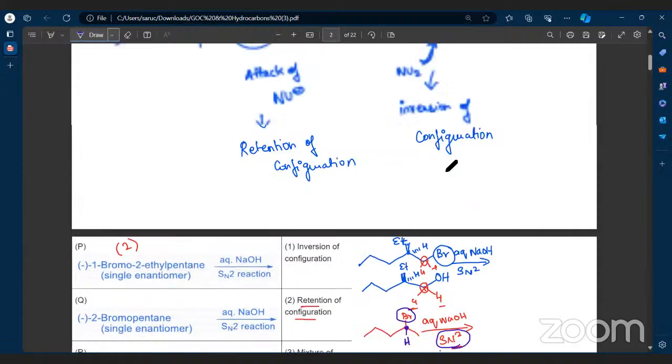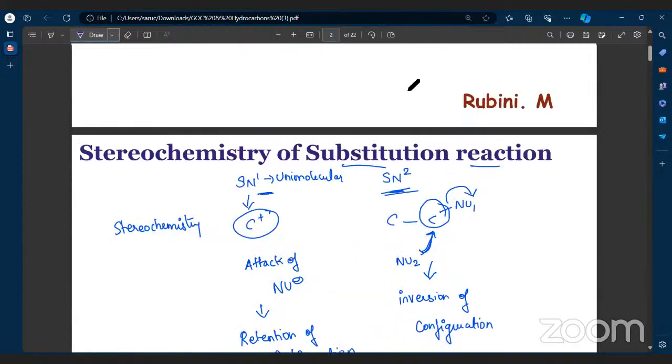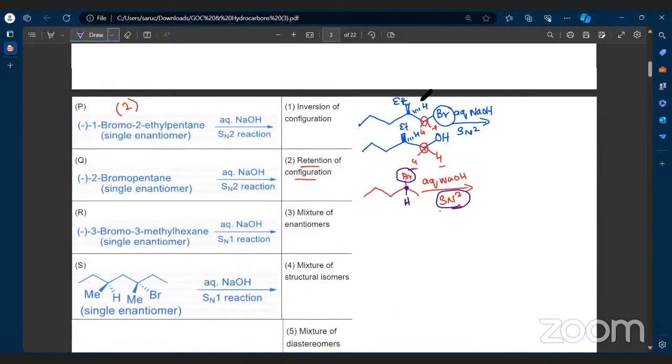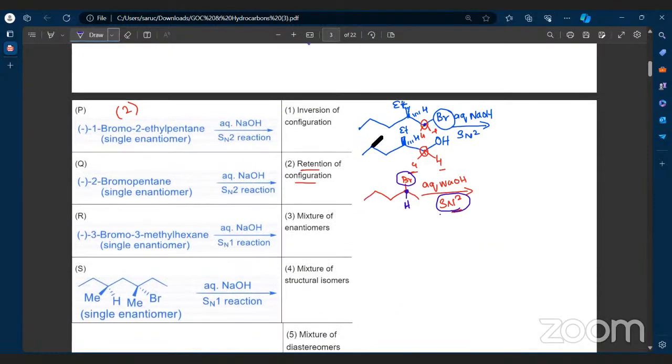What we have studied over here is that an SN2 reaction will undergo inversion of configuration. In the first case, since this carbon is achiral, we wrote retention of configuration. But in the second question, this is chiral.